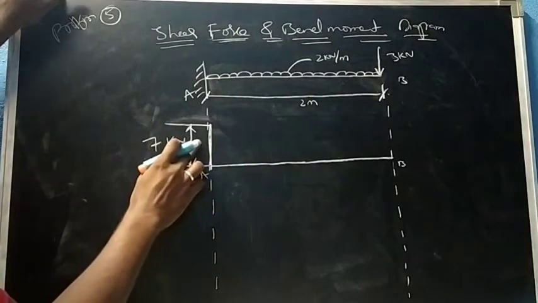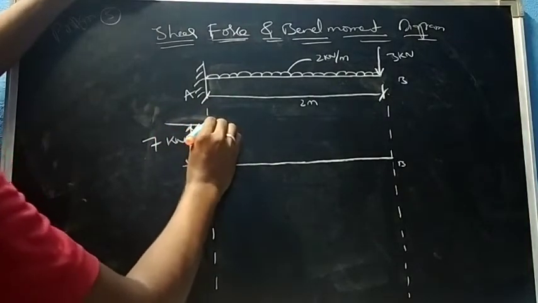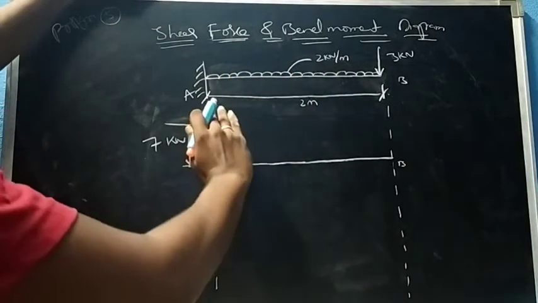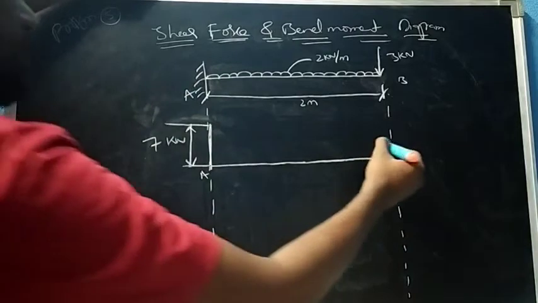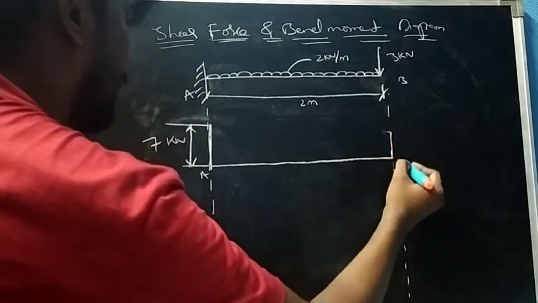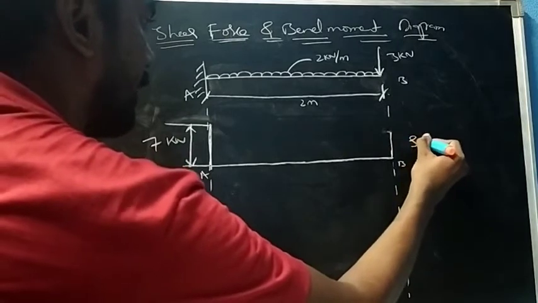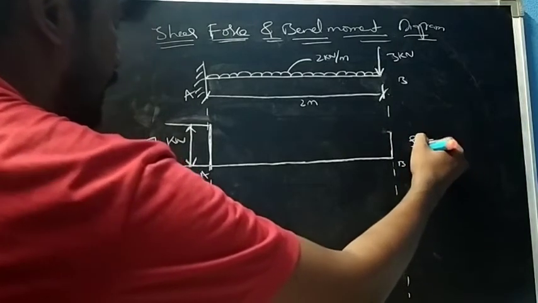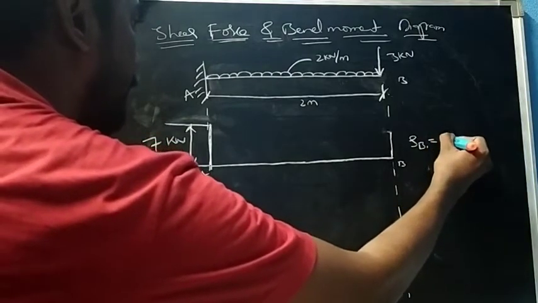Now from here, because of this uniformly distributed load, there is a slight change, and we got shear force at B1 and B2: at B2 it is 0, and at B1 it is 3 kilonewton.